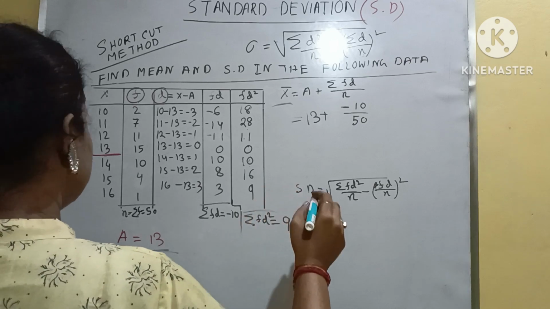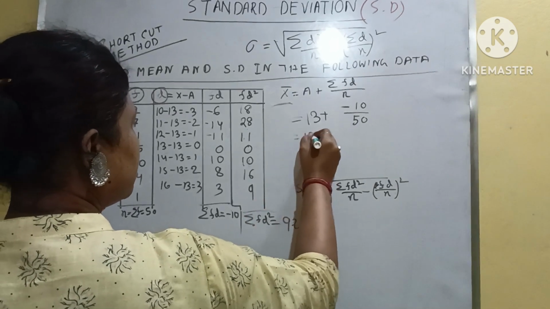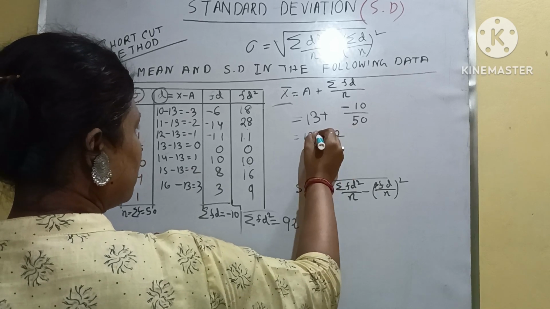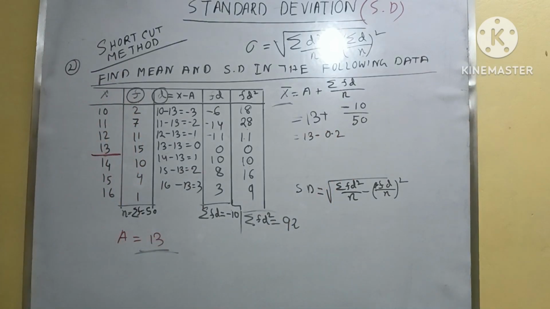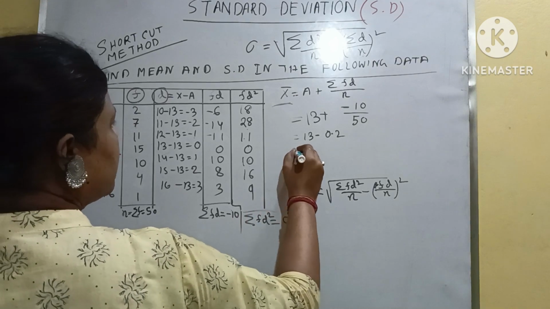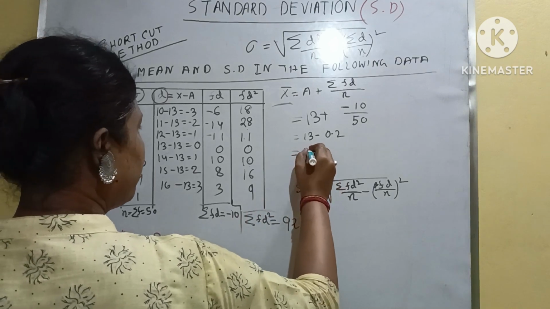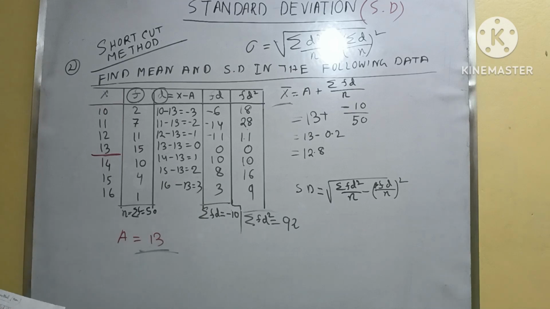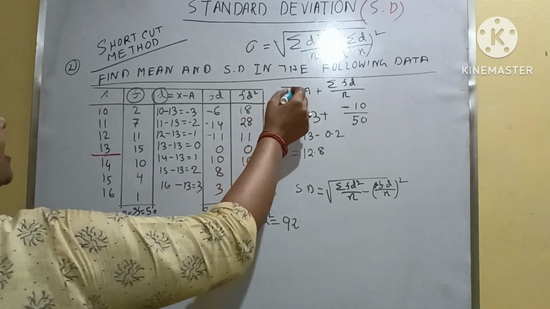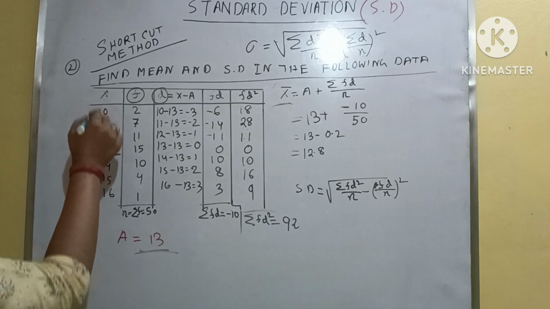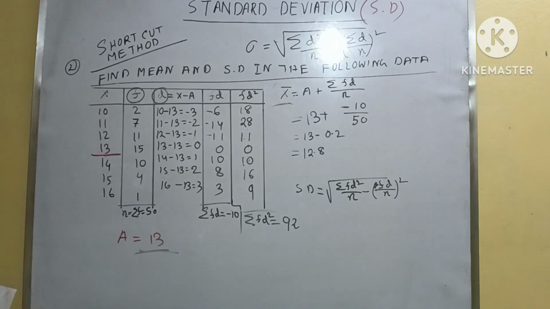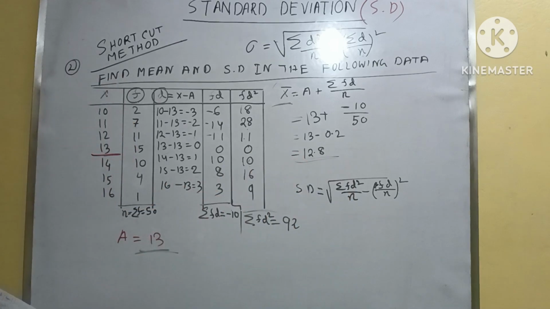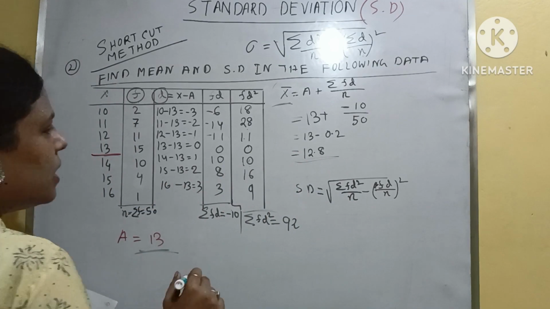So here the value is 13 minus 0.2, so the answer is 12.8. This is the actual mean. How to calculate the actual mean? By assuming one number from the observations as the assumed mean, and after this we calculate the exact mean.